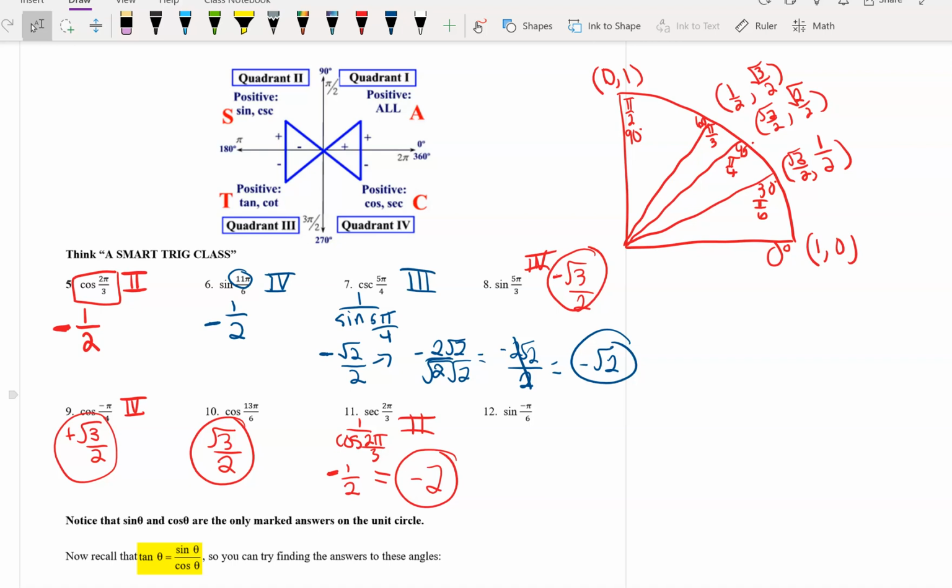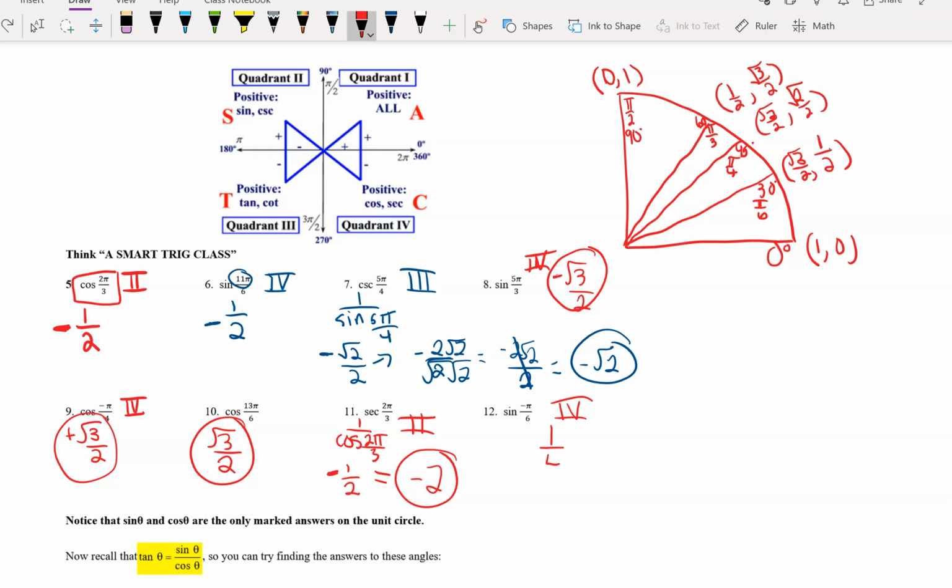Okay, last one right here, sine of negative pi over 6. So we know negative pi over 6 is going to be going down or clockwise, not counterclockwise. So it's going to put us in the fourth quadrant. And pi over 6 is right here. I just look at sine as your y coordinate, so it's going to be 1/2.